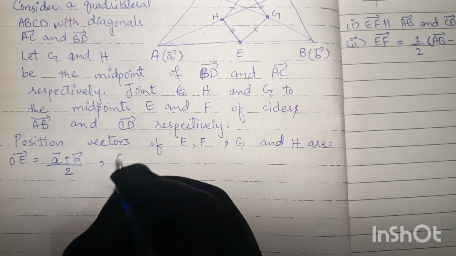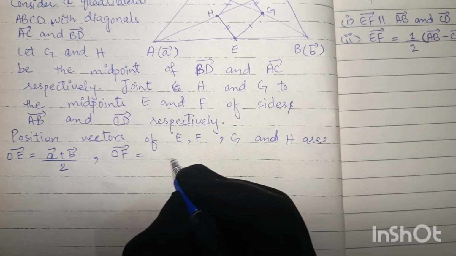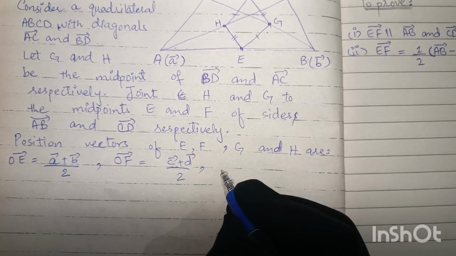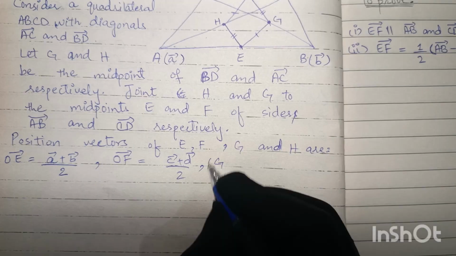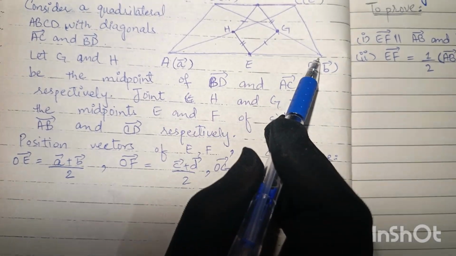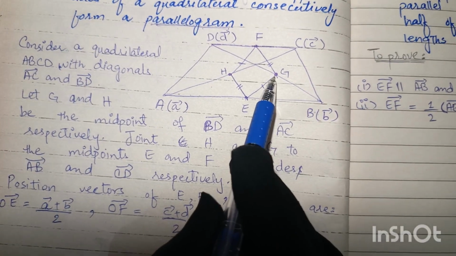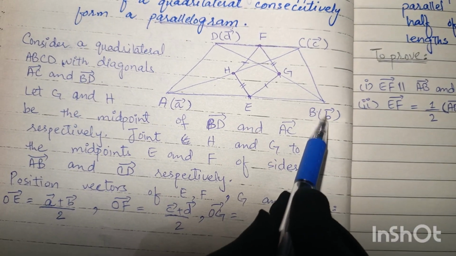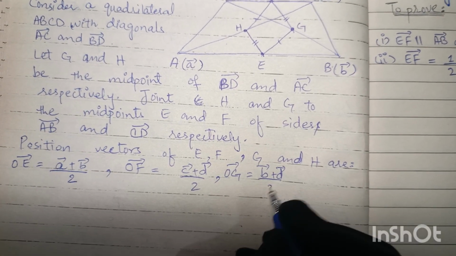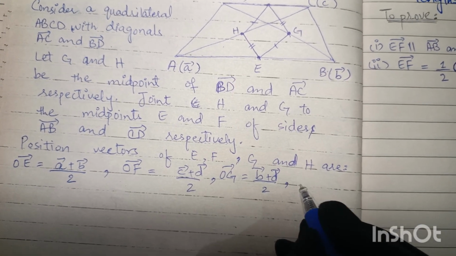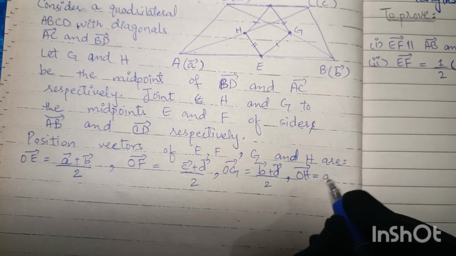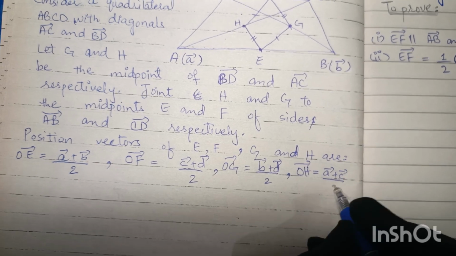Next is F, and OF is C plus D divided by 2. Next is G, and G is the midpoint of this diagonal. So for G the position vector will be B plus D divided by 2. And for H, it is A plus C divided by 2.